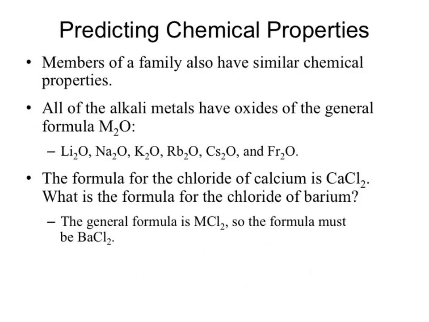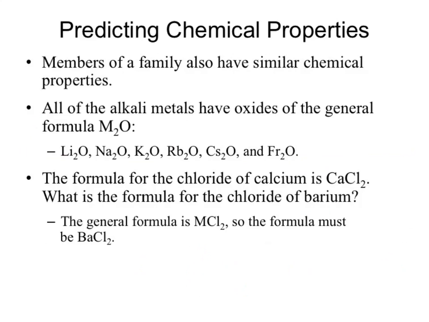So if we look within an individual column, let's say the alkali metals, we pick lithium. We know lithium, when it reacts with oxygen, holds the formula where we need 2 lithium atoms per oxygen. Well, if we go to any metal underneath lithium, this is one of the beauties of the periodic table: the chemical properties of anything in that column track the same.